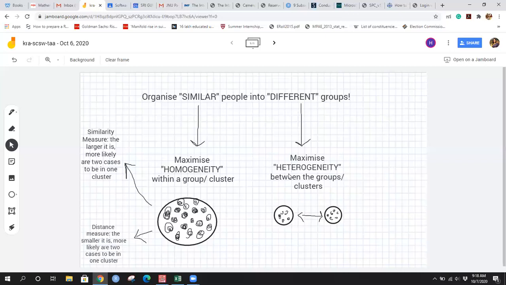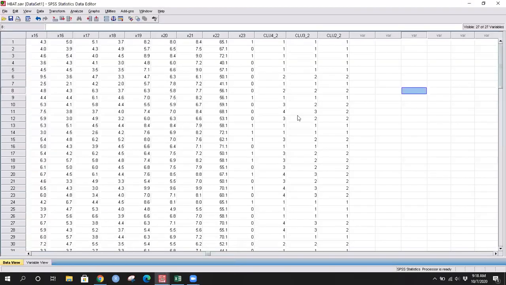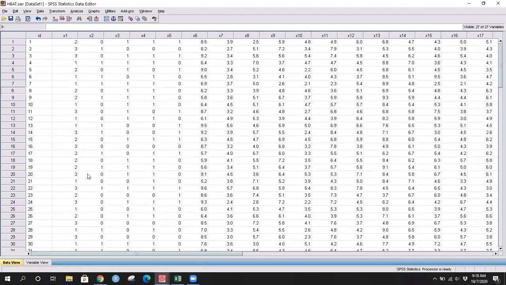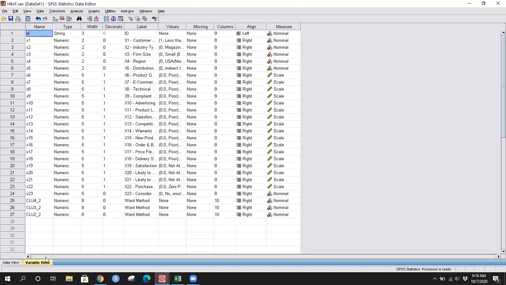Now, starting finally with hierarchical cluster analysis, we have this data set. In this data set, the product is HBAT, and on that product there are several attributes, so I'll just tell you. I have this product called HBAT, and I asked several customers to fill a questionnaire which had questions like this.